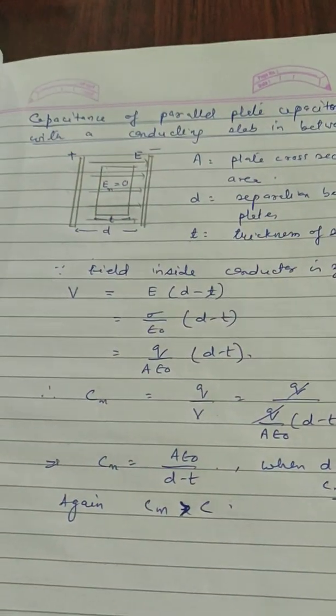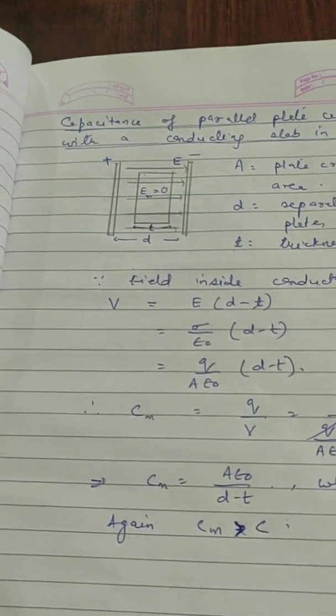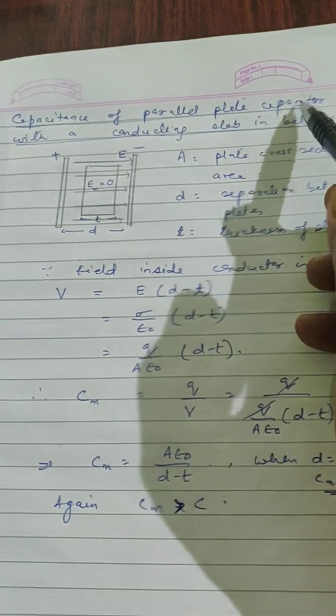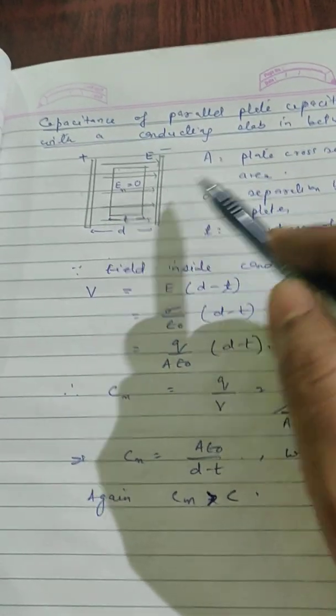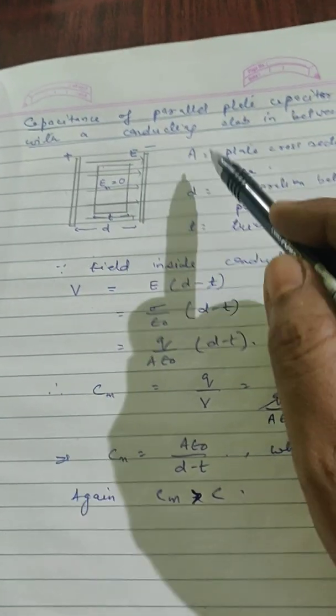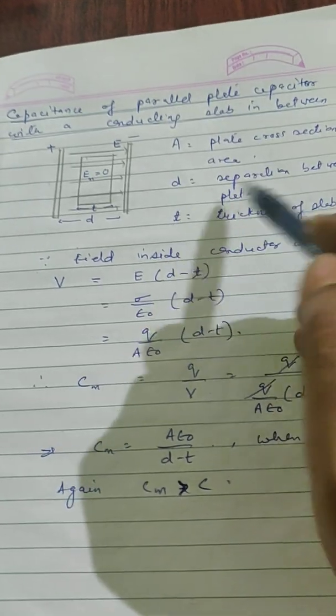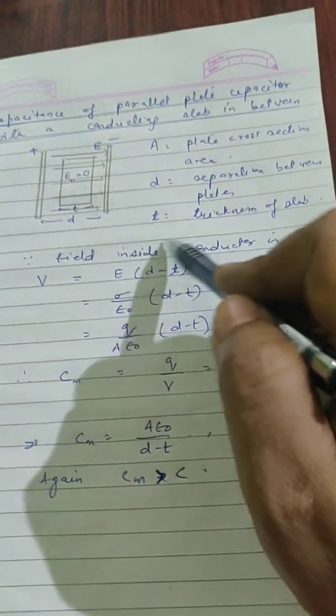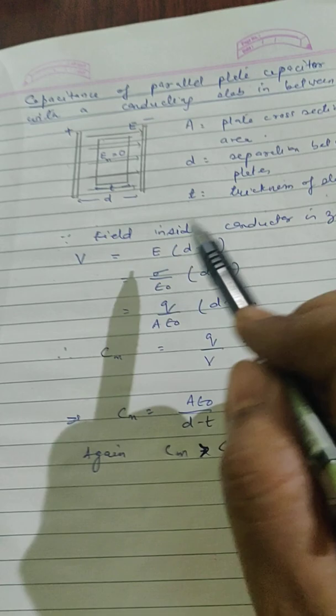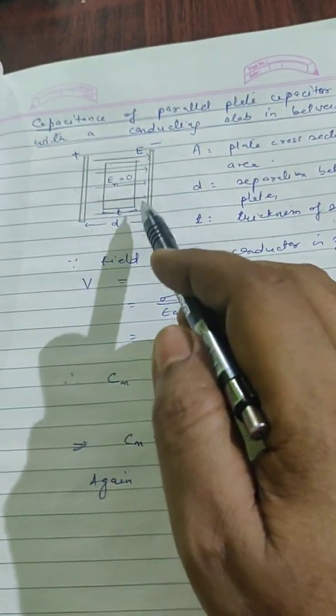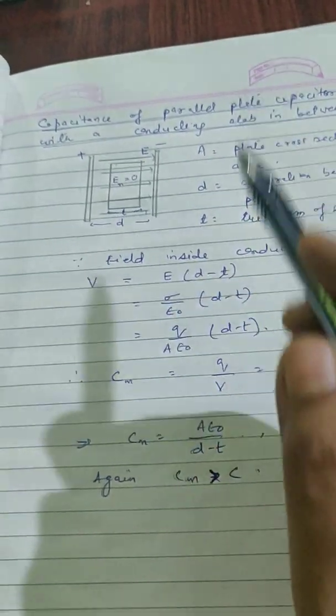Similarly, if we place a conducting slab in between the plates of the parallel plate capacitor, I have taken the same dimensions. A is the plate cross section area, D is the separation between the plates, T is the thickness of the slab, and we know that the field inside the conducting slab is 0.